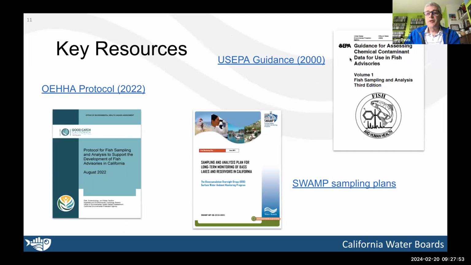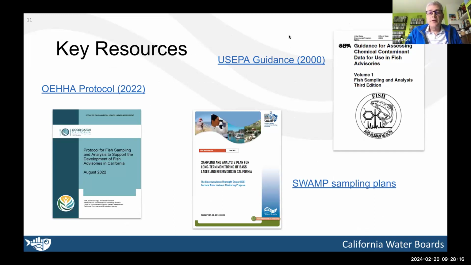So some key resources. There are a lot of documents out there that are helpful guidance, but these are three key ones. First, there's a US EPA guidance document that's kind of the Bible for guidance for bioaccumulation monitoring.